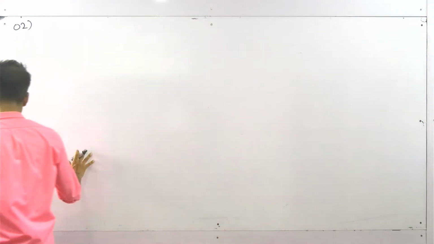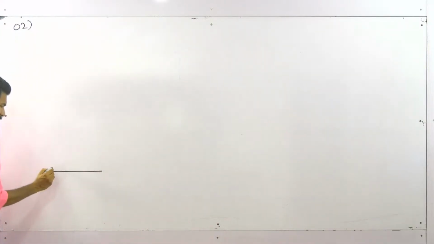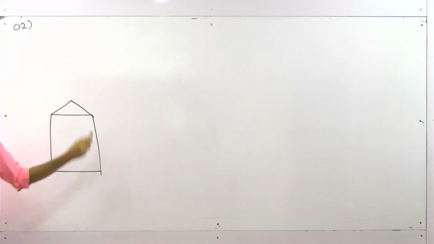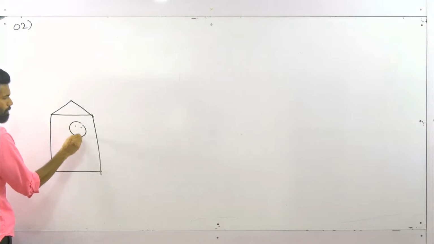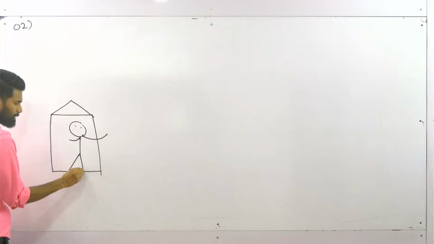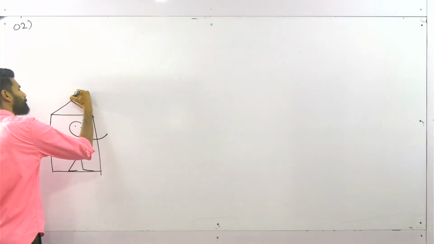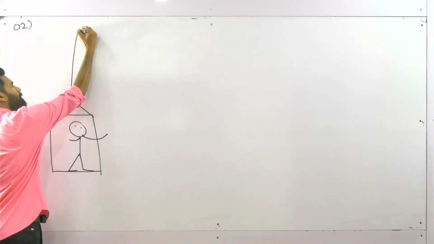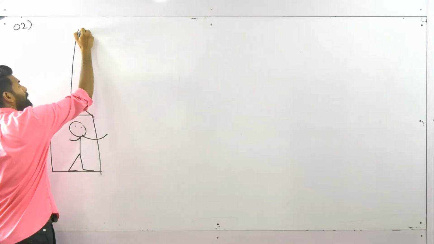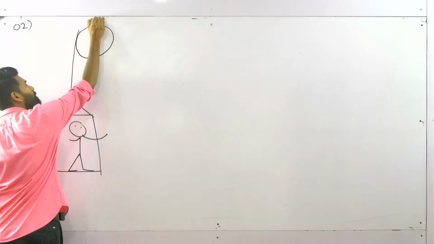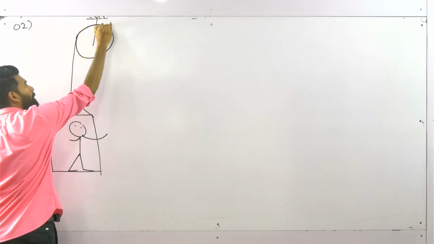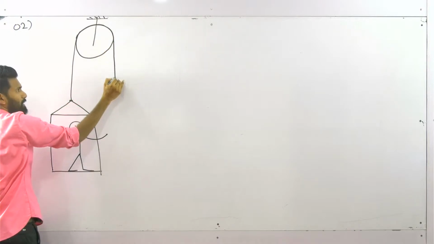Okay, let's draw it. Here the cage, or the vessel, the lift, whatever, is present. The man is here. There's a cable connected to the roof of the cage, and it passes over a pulley which is suspended from the roof, and the cable comes like this.